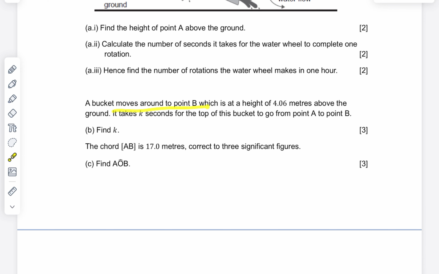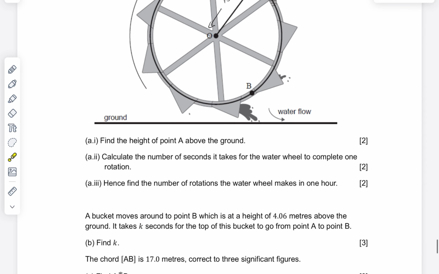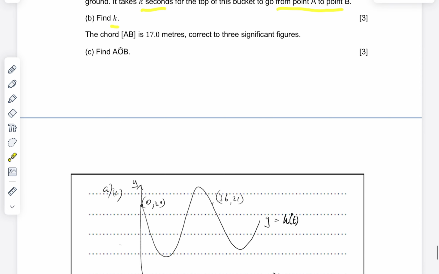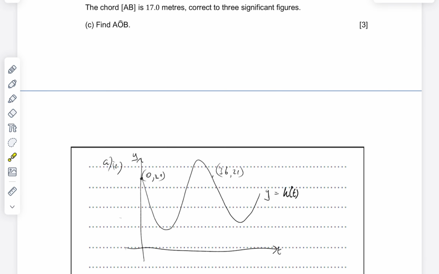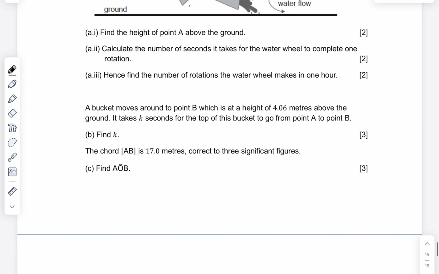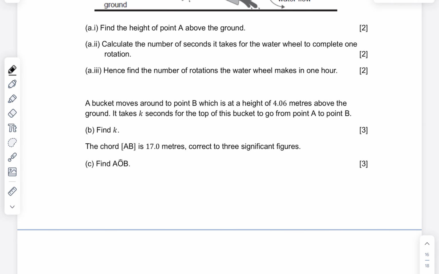Part B, a bucket moves from A around to point B, a height of 4.06 meters above the ground. It takes K seconds for the top of this bucket to go from A to B. Find K. So look on the graph, and we need to find where this point is here, which I need to be 4.06 meters above the ground.